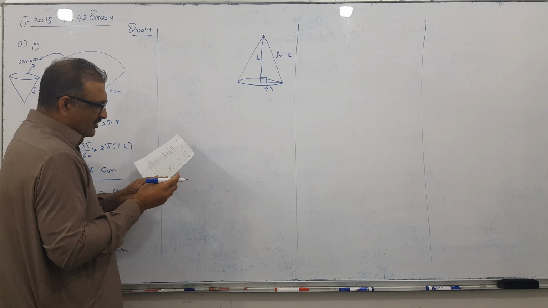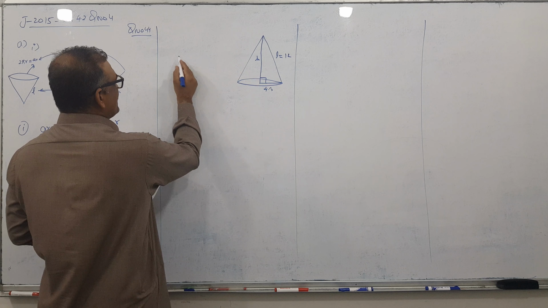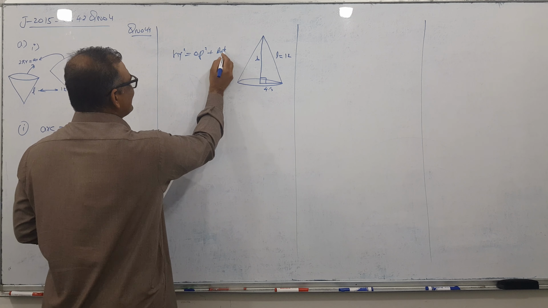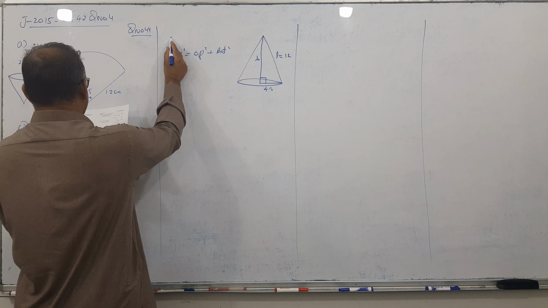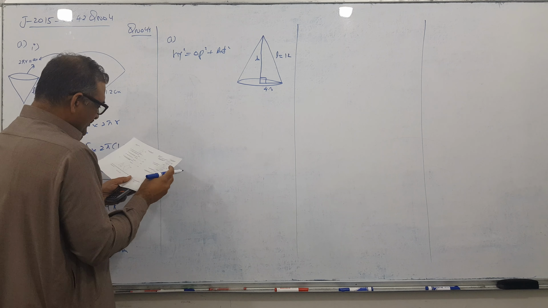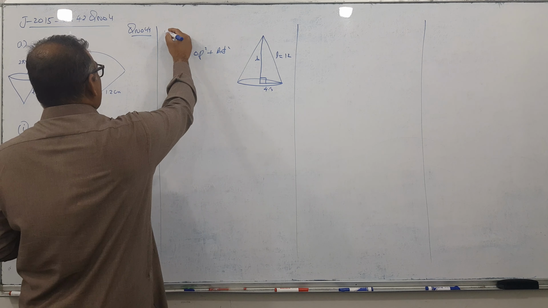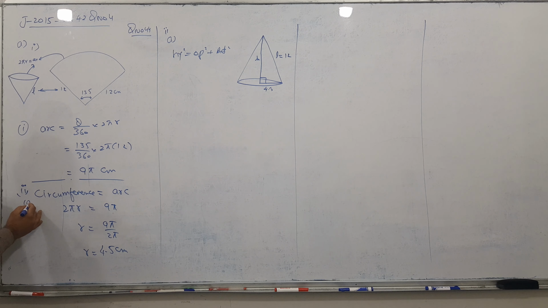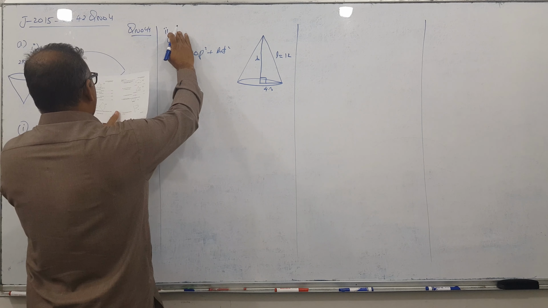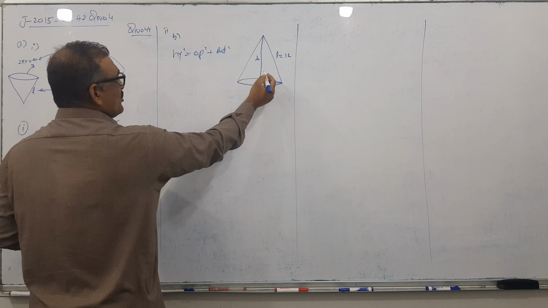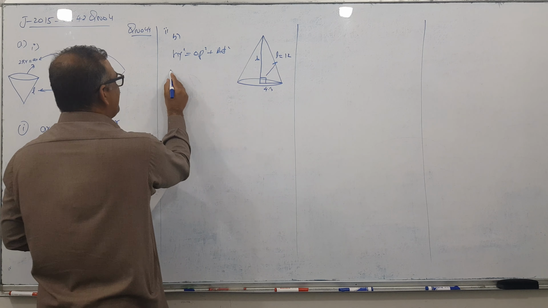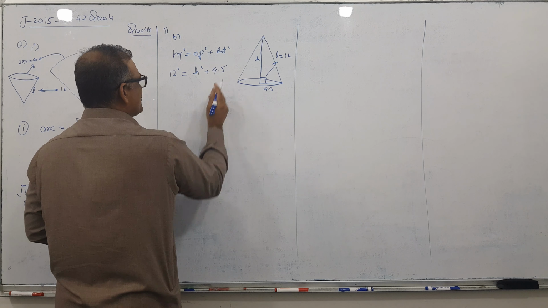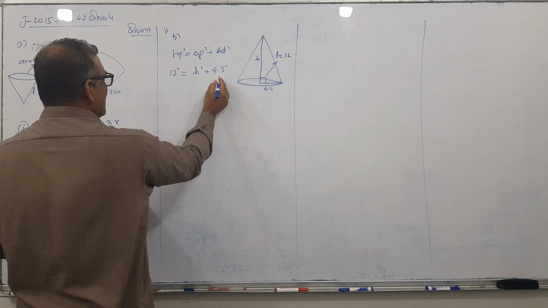Now I'm looking for the height, so I can use Pythagoras' theorem. Hypotenuse squared equals opposite squared plus adjacent squared. This is part 2A that I'm doing, and under heading 2 I have B next. The side in front of 90 degrees is the hypotenuse, so H squared plus 4.5 squared equals 12 squared.